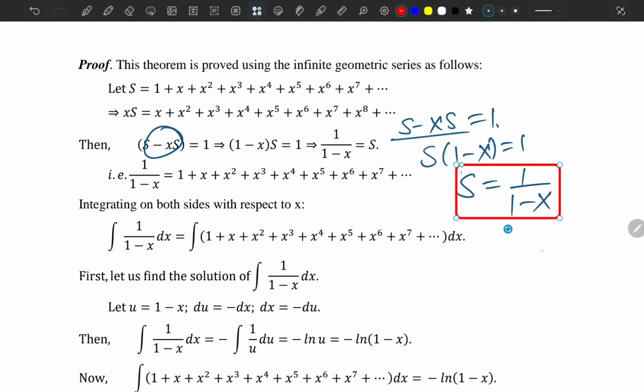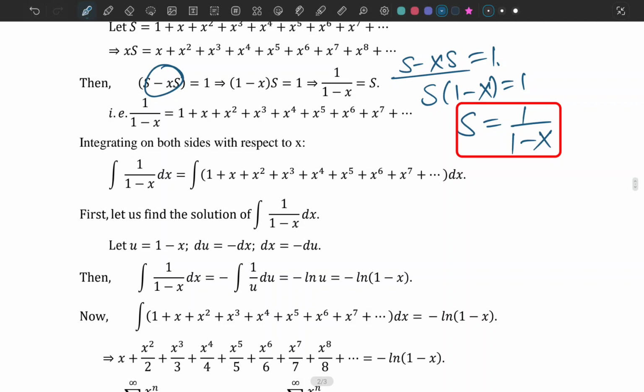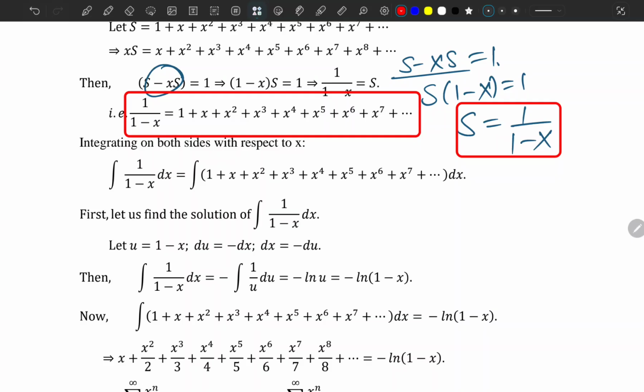And that's amazing. We have just proved the general infinite geometric series, and we use it in our daily life always. So this is how the proof looks, and hence we say that these two things are equal to each other.